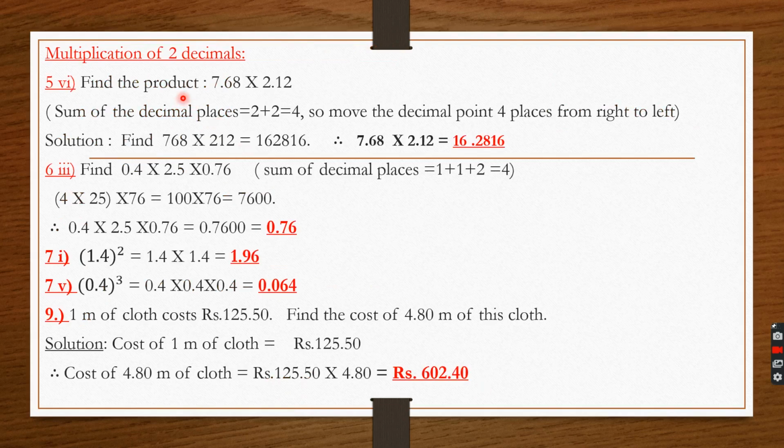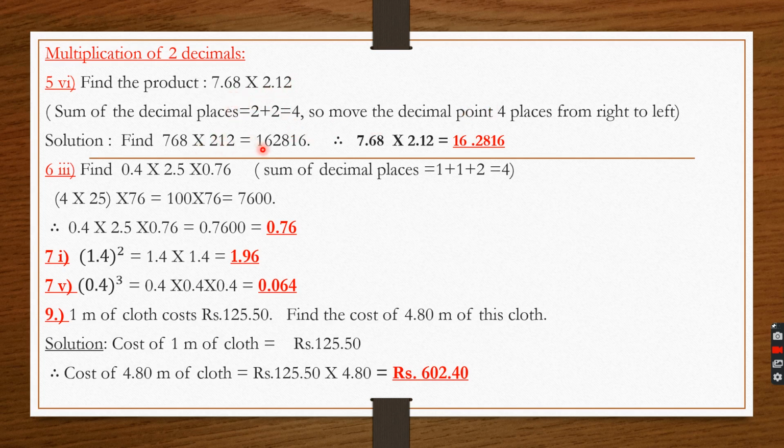Next is multiplication of two decimals. Same way as we have done, here 7.68 into 2.12. There are two decimal places here, two decimal places here. 2 plus 2 is equal to 4 decimal places altogether in the answer. You multiply 768 into 212.